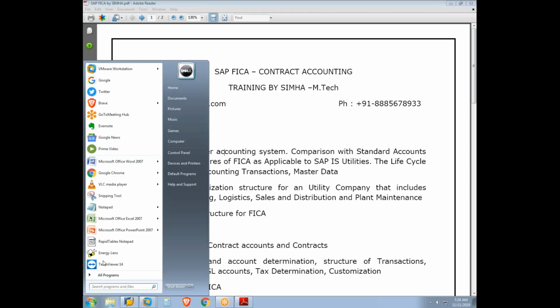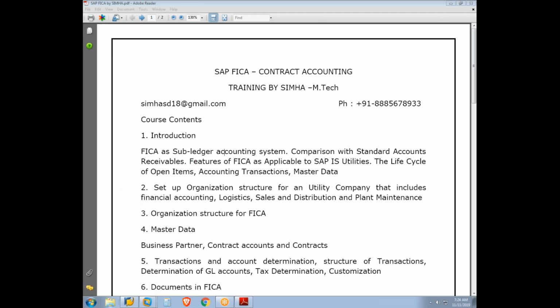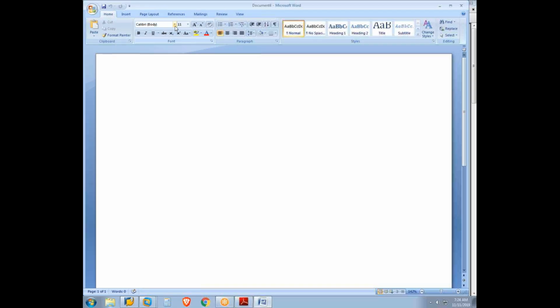Now, generally in the SAP system, we have accounting as a module, which is basically the heart of the business, because at the end of the day, the business has to publish financial reports like the balance sheet and the profit and loss statement.